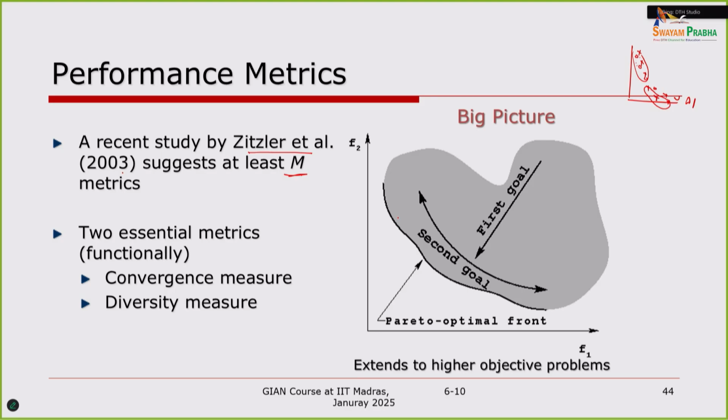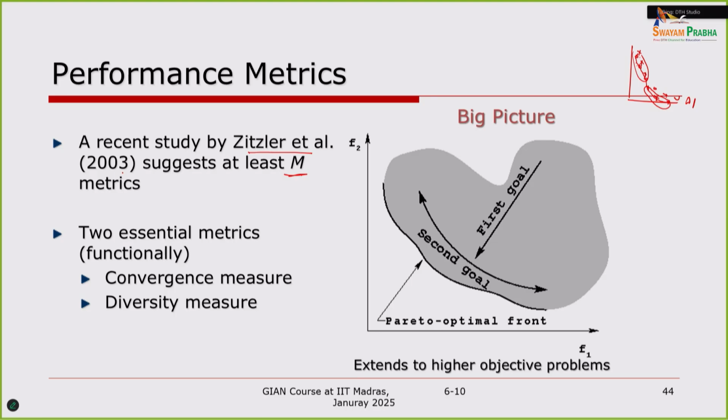So I can have one metric that directly measures the convergence, how close I am to my known Pareto set, or between the two sets, which one. I can take all the points from the two sets combined that are on the non-dominated set, and then compute the distance from that set, and see which one has a smaller distance.